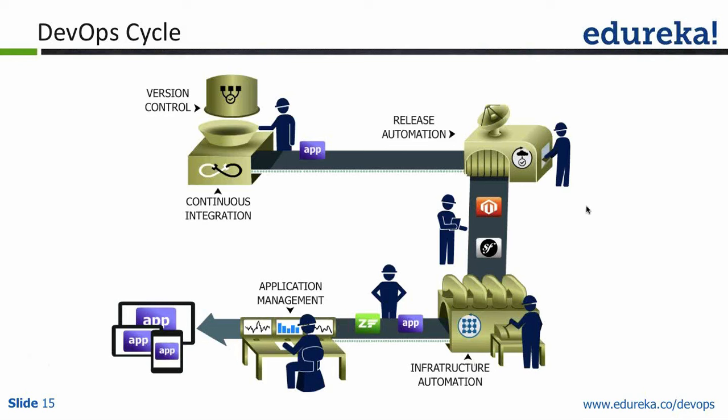Okay, a lot of other comments. Manish says release plus infra automation and continuous app management might have a budgeting impact. That's right, Manish, and it may have a bigger budgeting impact initially when you adopt this kind of mindset, but eventually it gives you a lot of benefit.